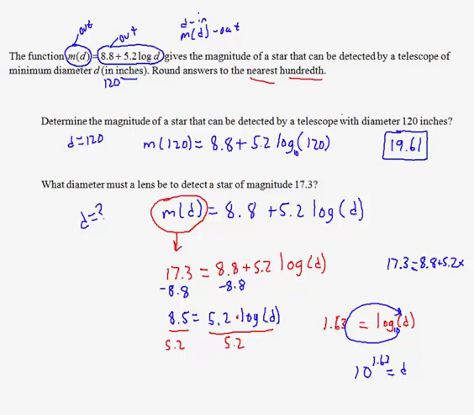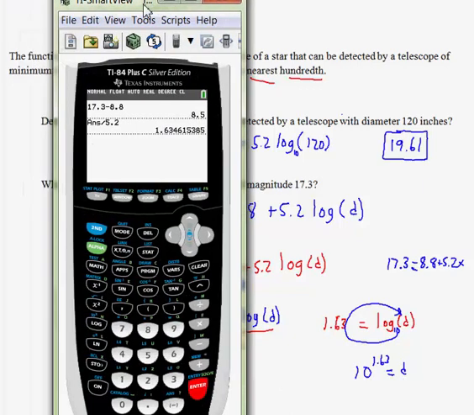So if I go back to my calculator, notice that I have the unrounded version of 1.63, and I am now to take 10 and raise it to that power. So I'm going to use my caret key. So now you have a choice between rounding the answer, or what I like to do is press second negative, and what that does is the calculator will use my previous answer and use the full accuracy that it has in its internal memory.